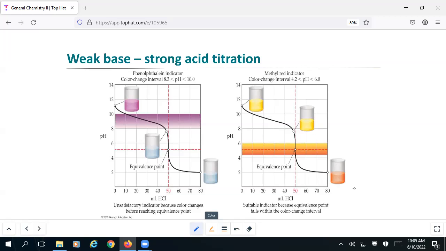But if we flip it around and we do a weak base titration with a strong acid, we'll basically see the opposite phenomenon taking place. Phenolphthalein will change from pink to colorless well before we actually hit the titration endpoint or equivalence point. But methyl red will change colors at exactly the right time.